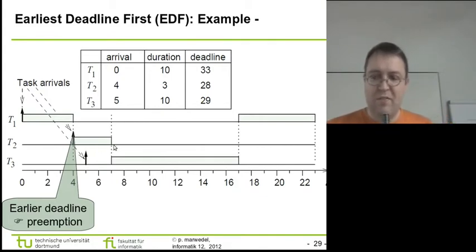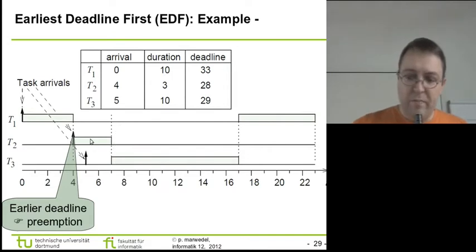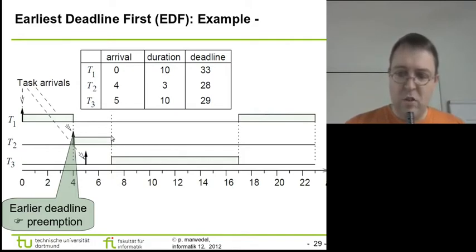Now what happens at time 7? At time 7, T2 has executed 1, 2, 3 time units, so it's finished here. So the waiting task T3 can now take over because it has the smallest deadline of the remaining tasks.